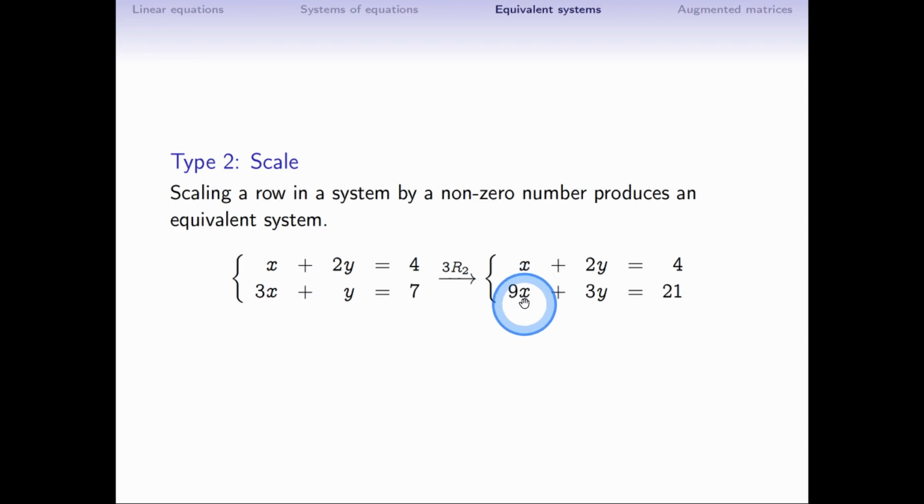The line 9x plus 3y equals 21 is exactly the same line in space as 3x plus y equals 7. It's just being represented differently. It's been scaled by a factor of 3. So this type 2 operation, the act of scaling a row or an equation by a non-zero number, always produces an equivalent system.